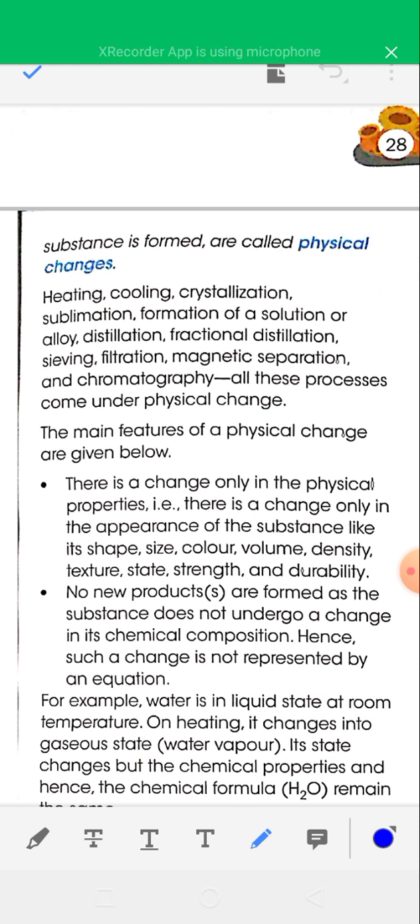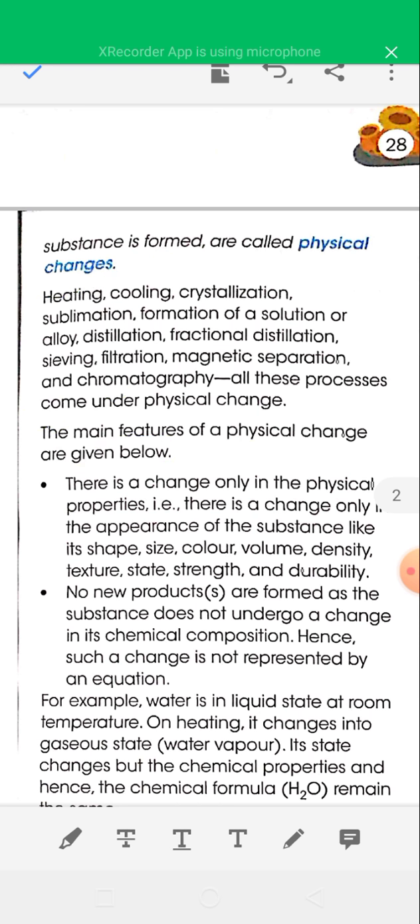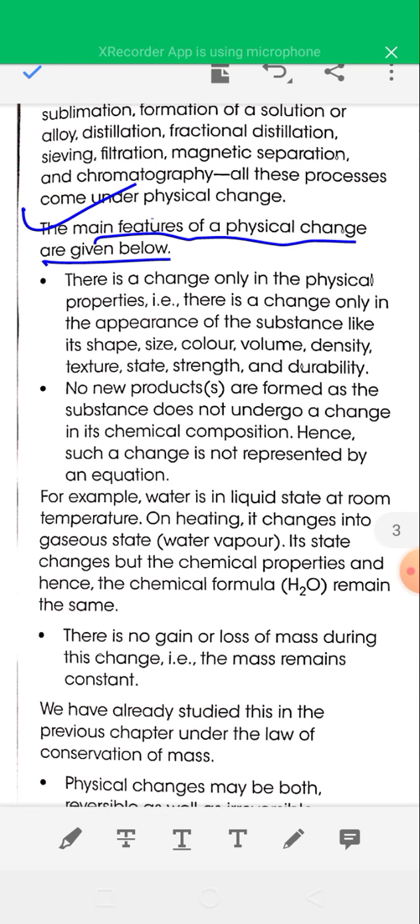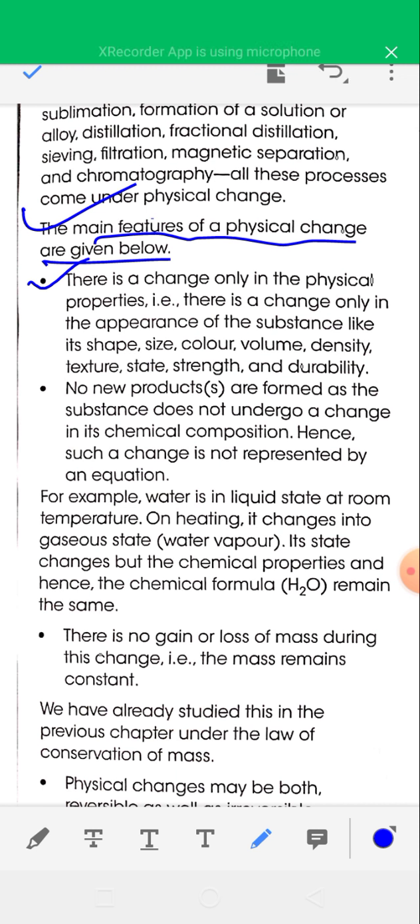So examples of physical change are given here. Now see the characteristics or features of a physical change. The main feature: in physical change, there is a change only in the physical properties.